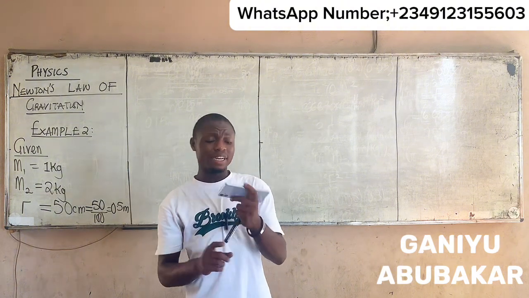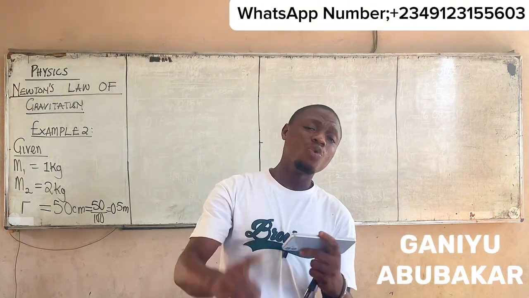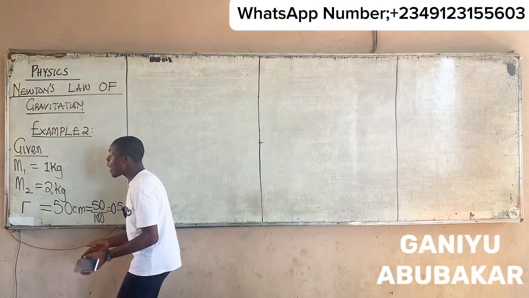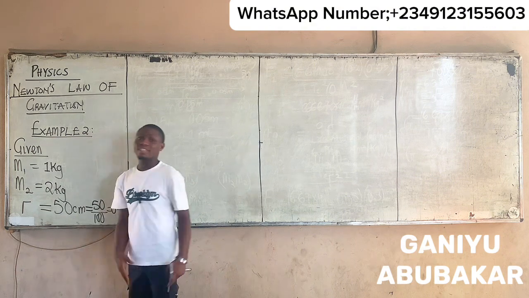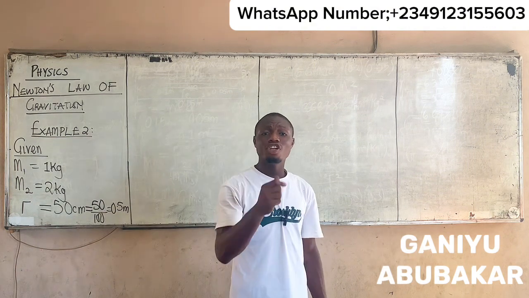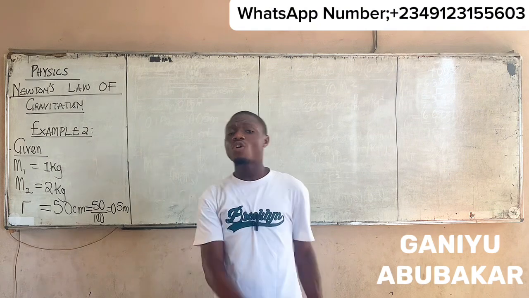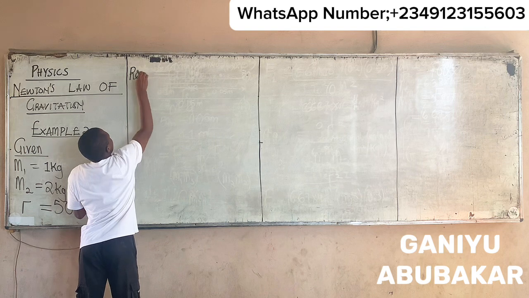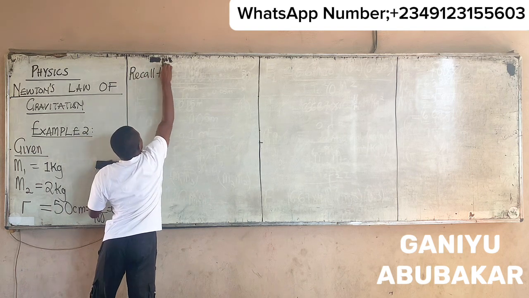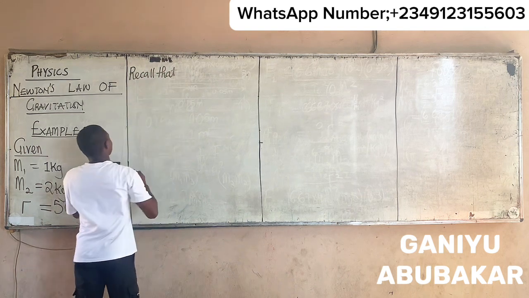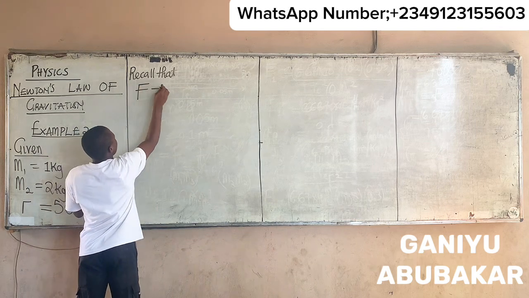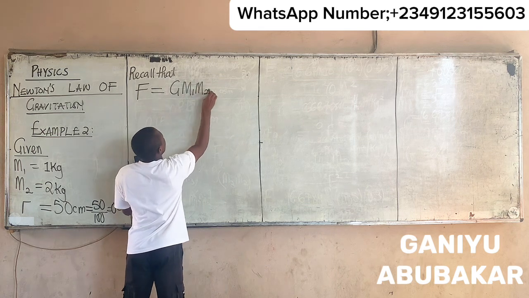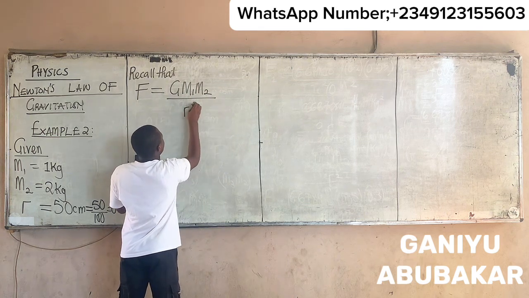So the question says calculate the force of attraction between them, that's F. It's easy. I'm given M1, M2, and I'm given R. Apply the formula for Newton's law of gravitation. So I have to recall the general form of Newton's law of gravitation: F is equal to capital G M1 M2 over R squared.